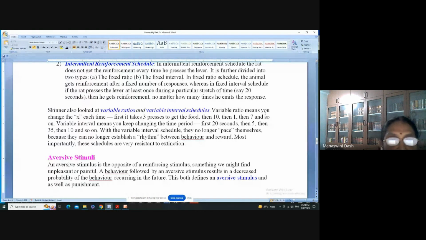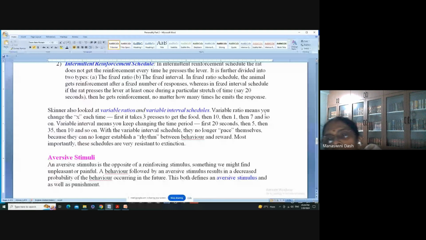Variable ratio means we change the ratio each time. Suppose first it takes 3 presses to get the food, then 10, then 1, then 7.